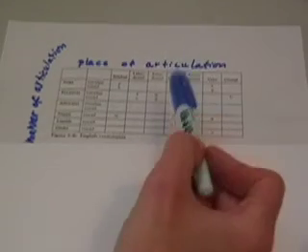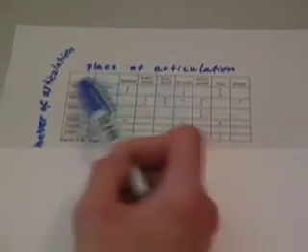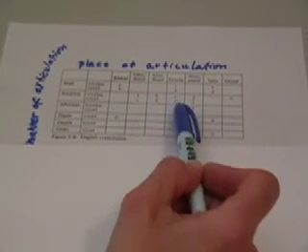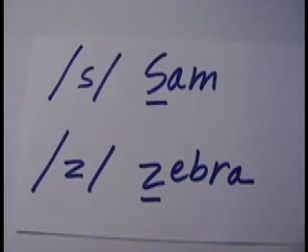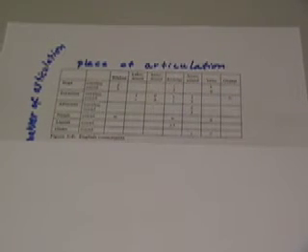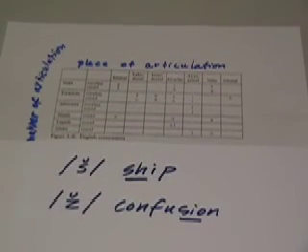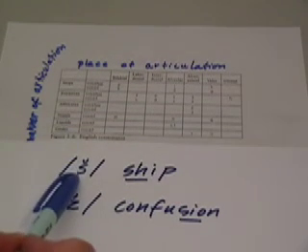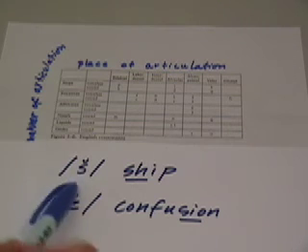And then we have the alveolar fricatives, s and z, as in Sam and zebra, right? Those are pretty easy. And then you have your alveolar palatal fricatives, sh and zh. So the first one, the voiceless one, is sh, as in ship.